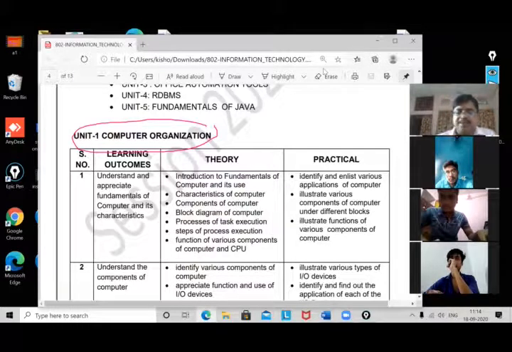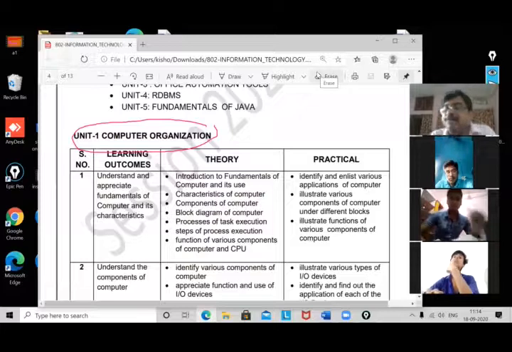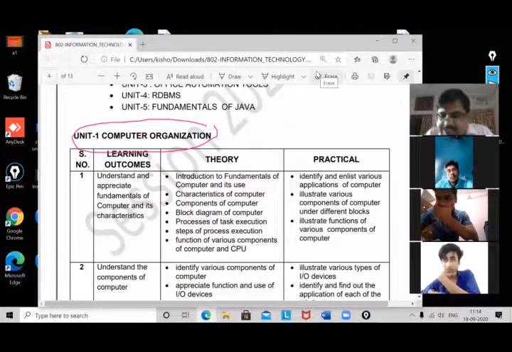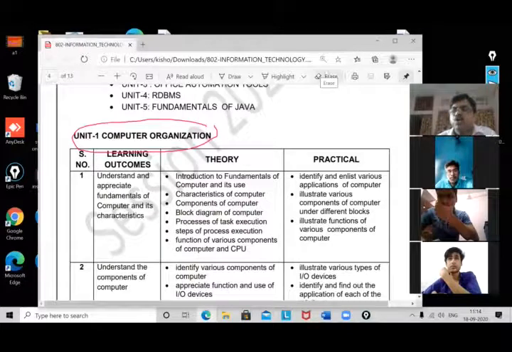So, in IT, we are supposed to have 5 units, my dear. It is a skill-based subject, where you can develop your skills in IT. Most of the things you have already studied in previous class. I will discuss and you will understand that these topics you have already read either in standard 9 or in standard 10.